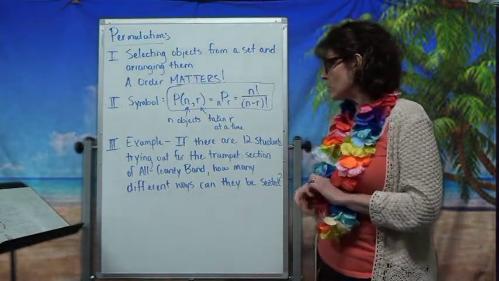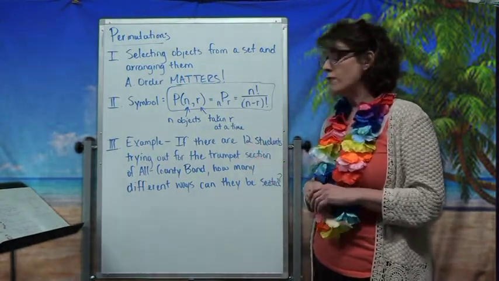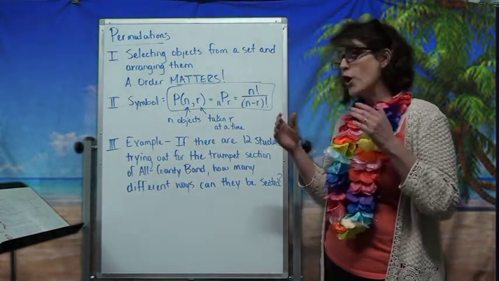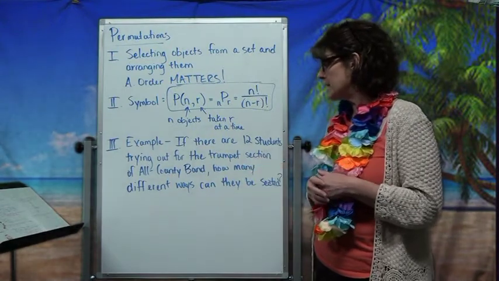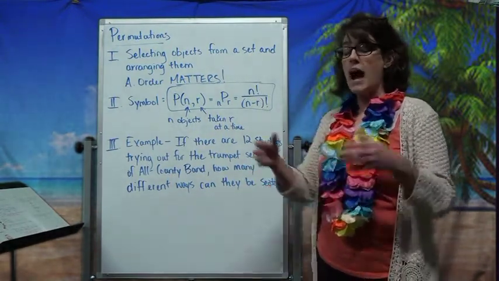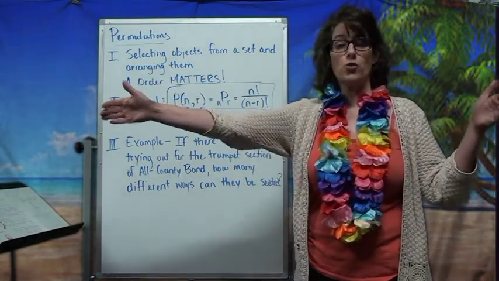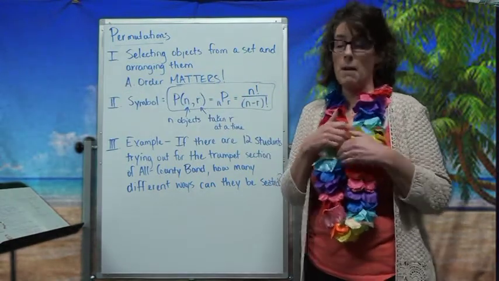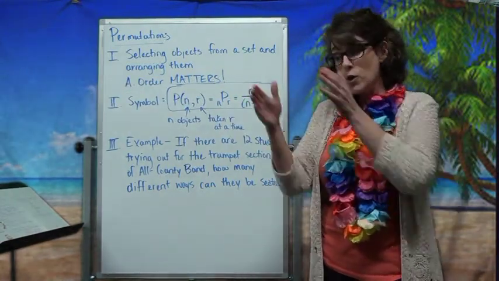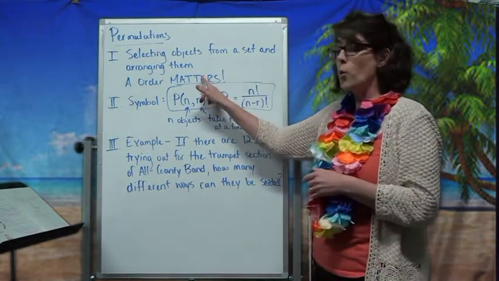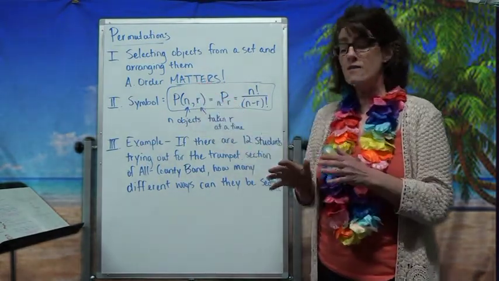The example says that we've got 12 students who are trying out for the trumpet section of All County Band. And those 12 students, we want to figure out how many different ways that they can be seated. Now notice what's happening here is I've got a total of 12 students who are trying out for this section. I'm taking all 12 of them. I'm not leaving anybody out. Now the arrangement in which they will sit matters tremendously. So order matters, but I'm not leaving anybody out.